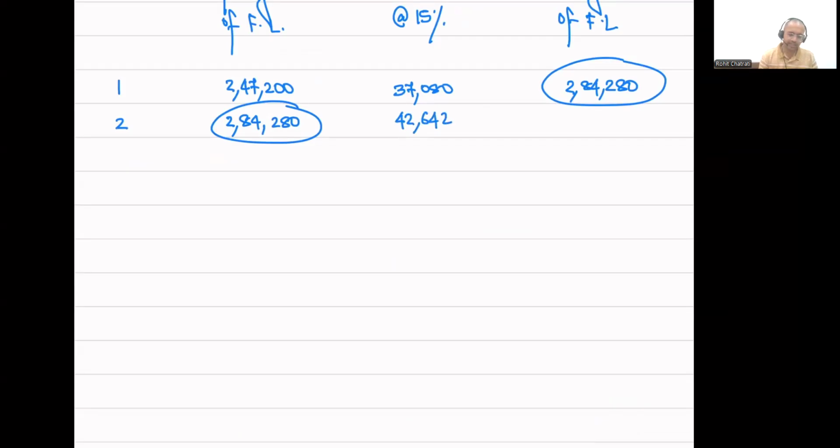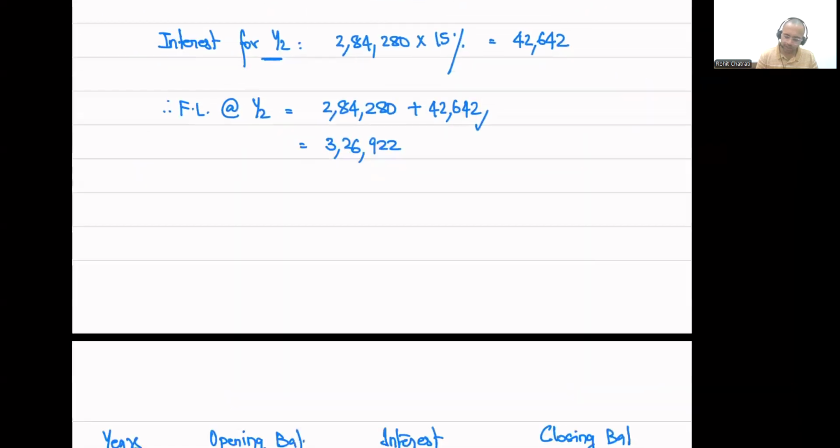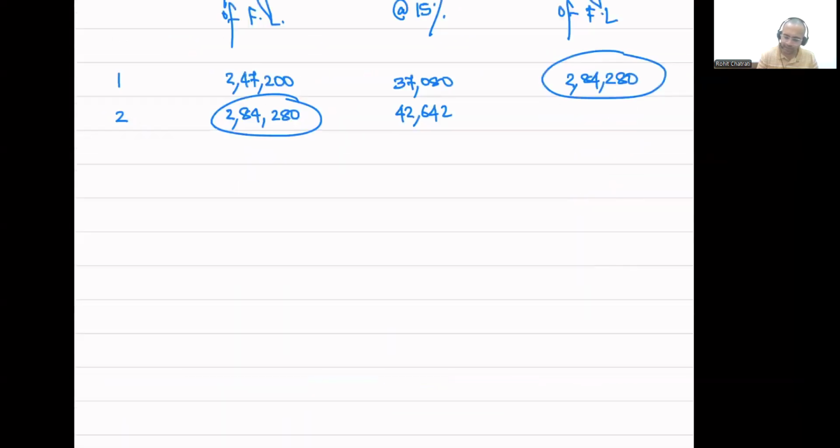The closing balance is therefore 3,26,922. That becomes the beginning balance for year three.